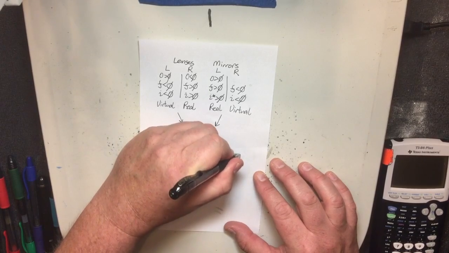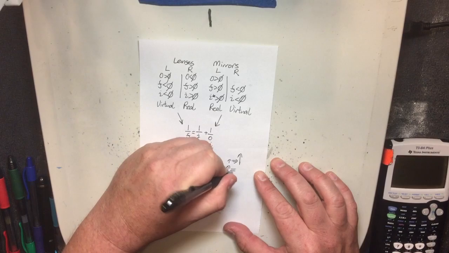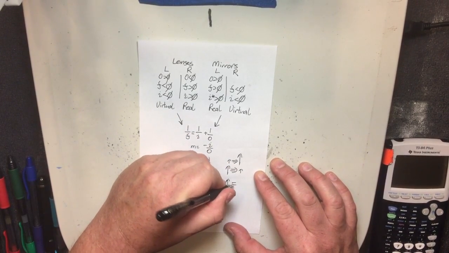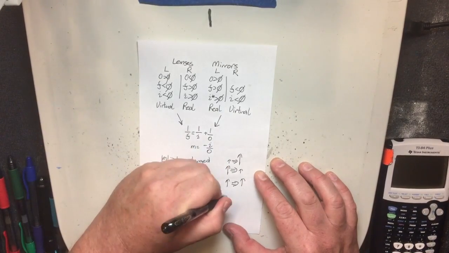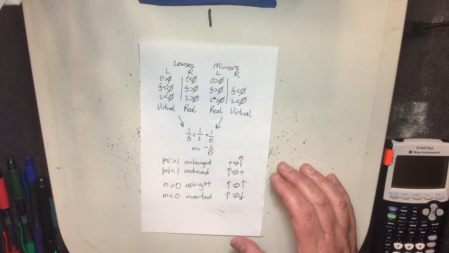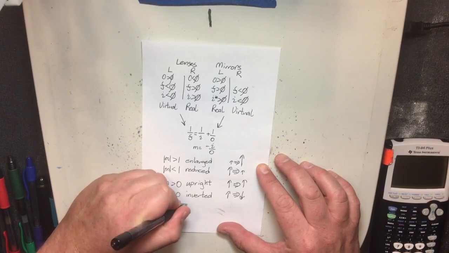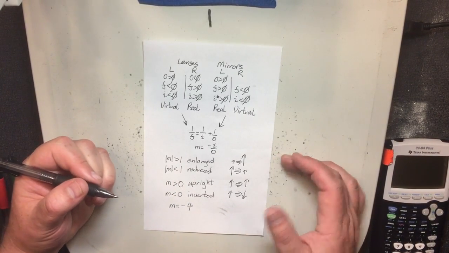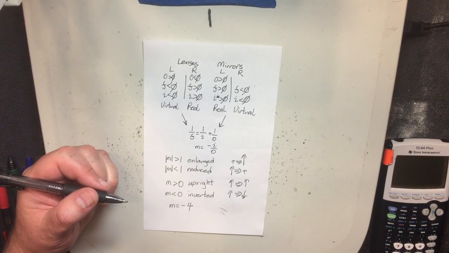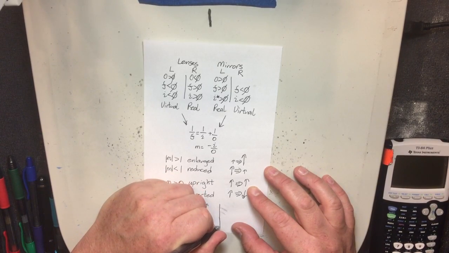Enlarged, reduced, upright, inverted. So if I gave you a magnification of -4, the information that you get from that is that the image has been inverted and it has been enlarged.